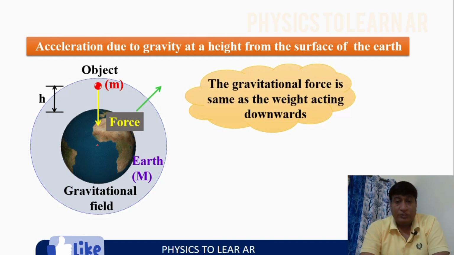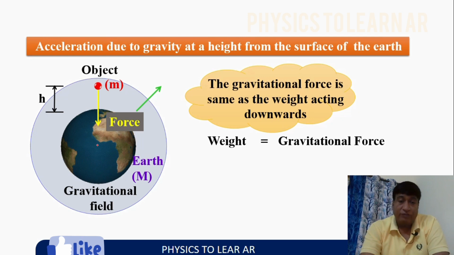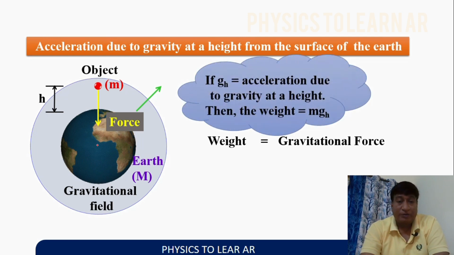The gravitational force is the same as the weight acting downwards. So if gh is the acceleration due to gravity at a height, then the weight is m into gh.